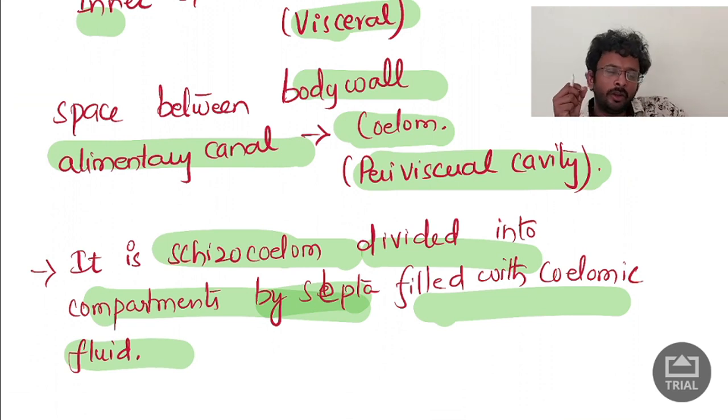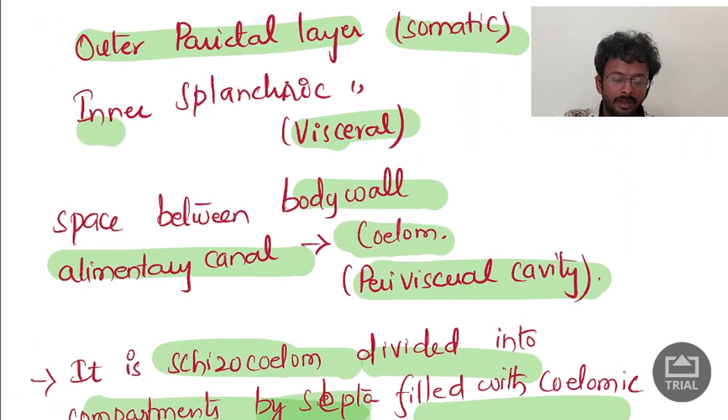What you have to understand is that the mesodermal layer is present, and the coelom is divided into an outer parietal layer and an inner visceral layer. The parietal layer is also called somatic epithelium, and the inner visceral layer is called splanchnic visceral epithelium.